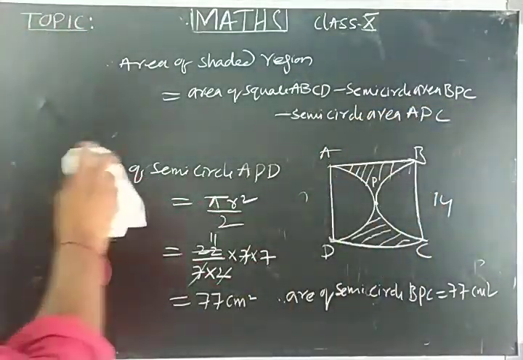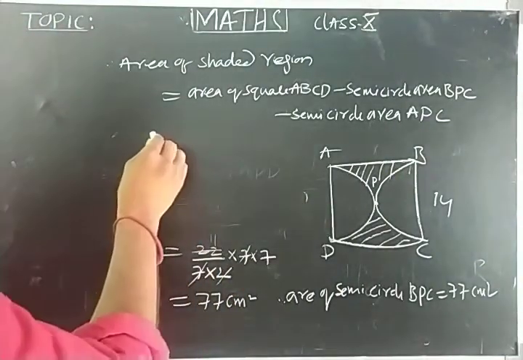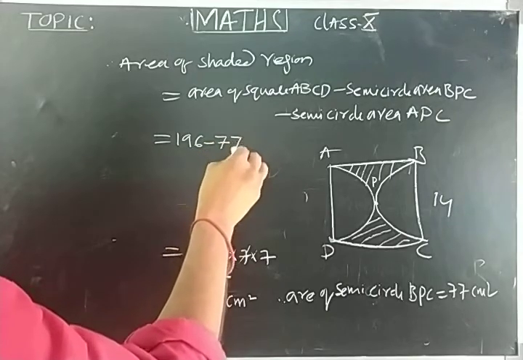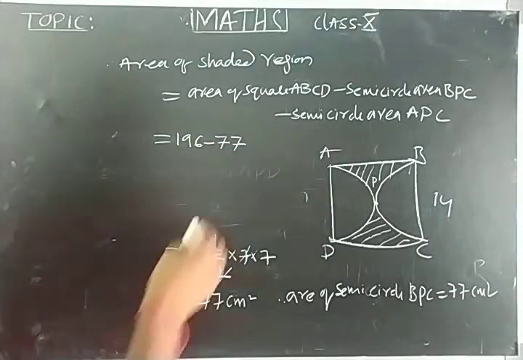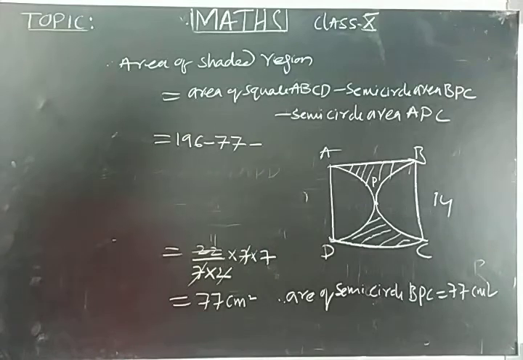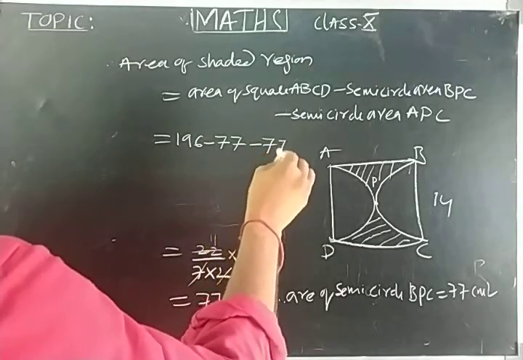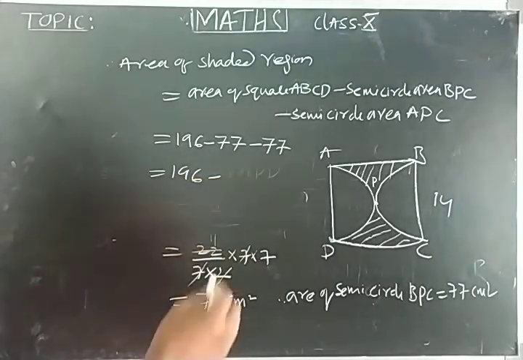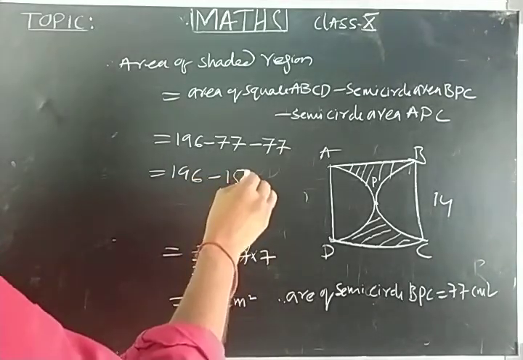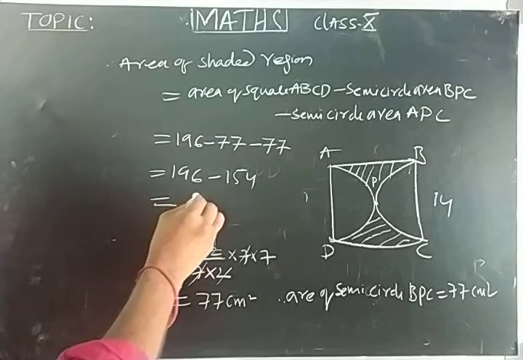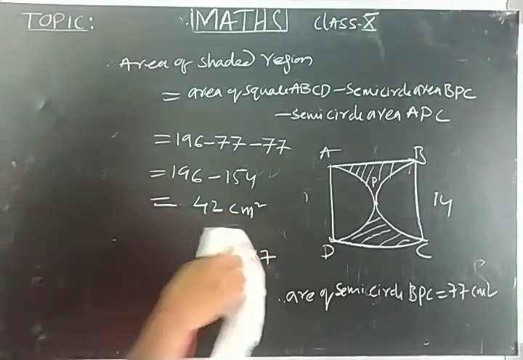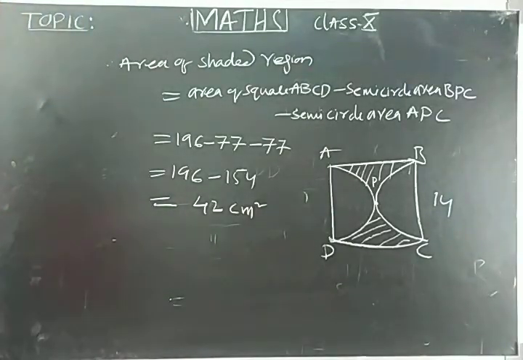Right? Already we got area of square, that is 196, minus semicircle area for BPC 77, and for semicircle area APD also 77. 196 minus 77 minus 77, 154. By simplifying you will get 42 centimeters square is the required shaded region area.